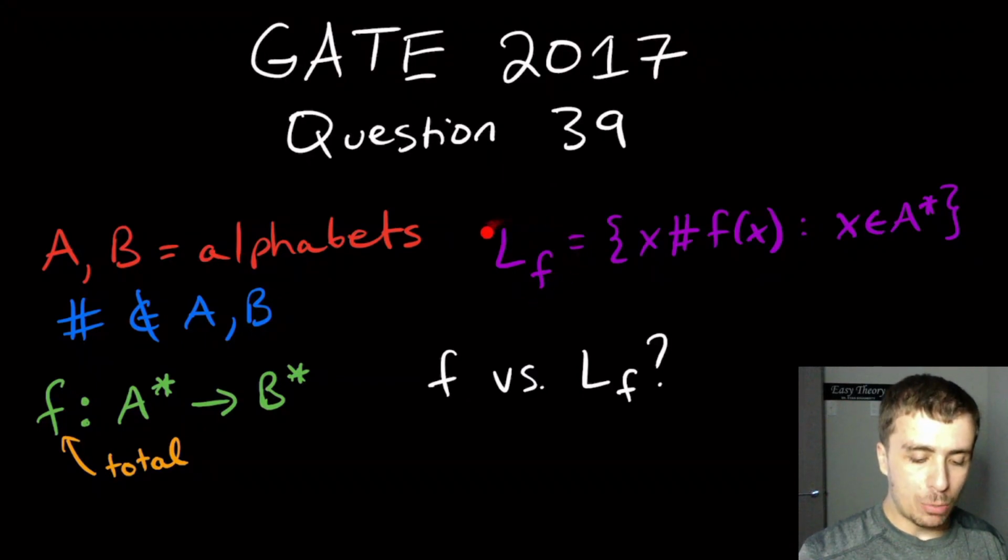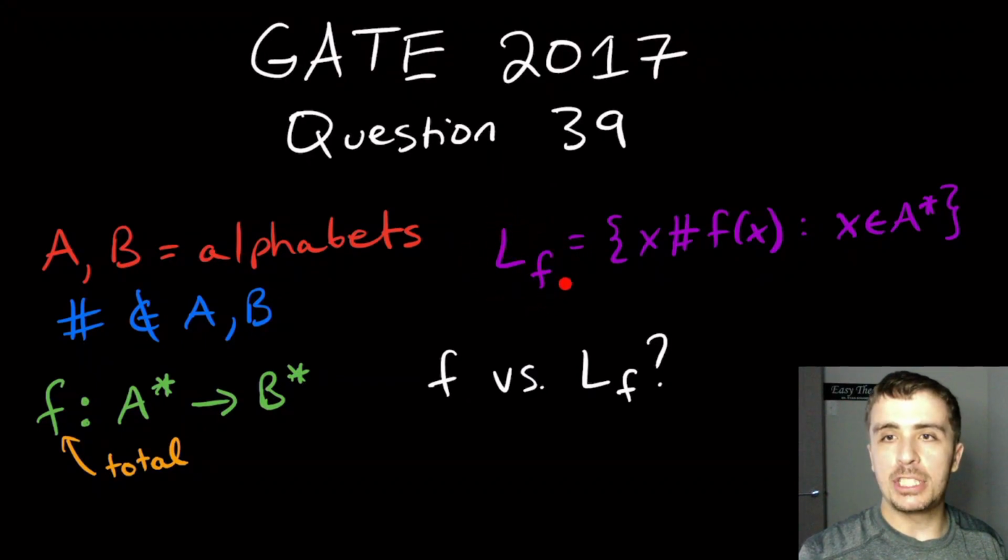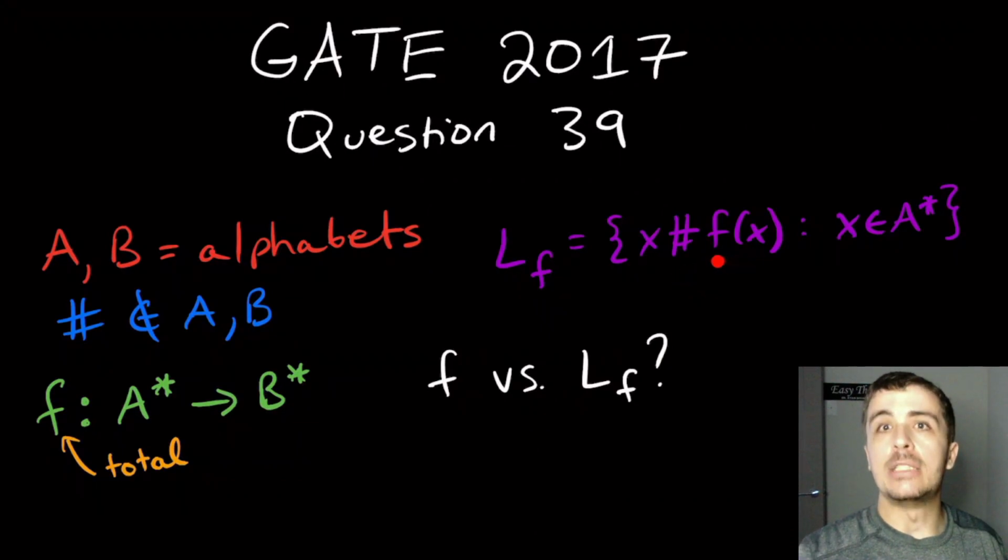Okay, so we're going to define a language here called L sub f. The f here is defining what the language is, and the language is over all strings in A star. So look at every single string in A star. Then I form this string: take the string that you got, put a pound sign in the middle as a delimiter, and put the f result on that x.